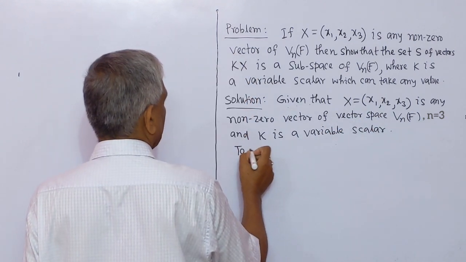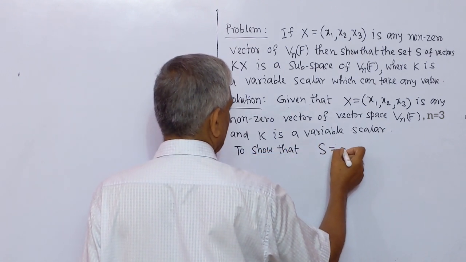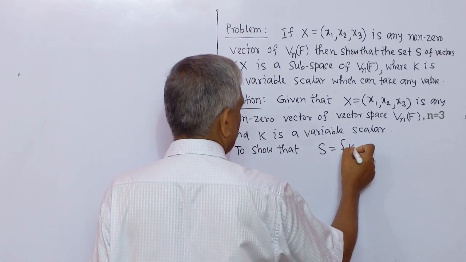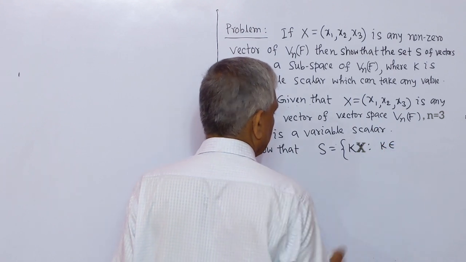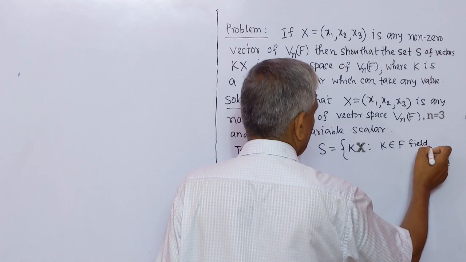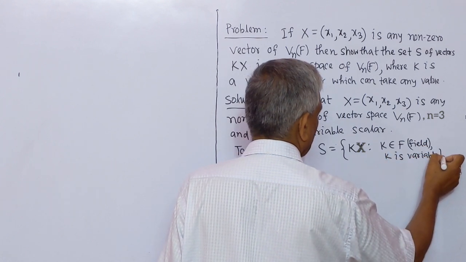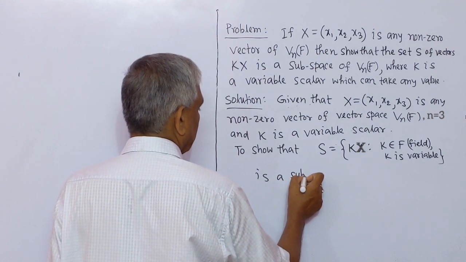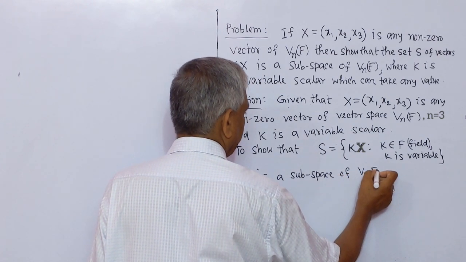To show that S is a set containing Kx, K belongs to field, K is variable, is a subspace of VNF.